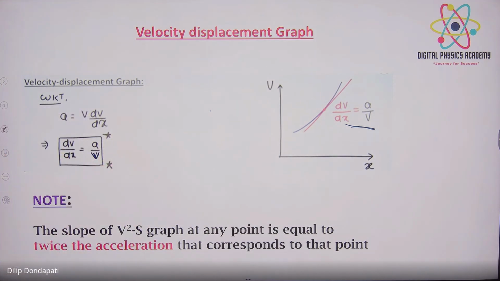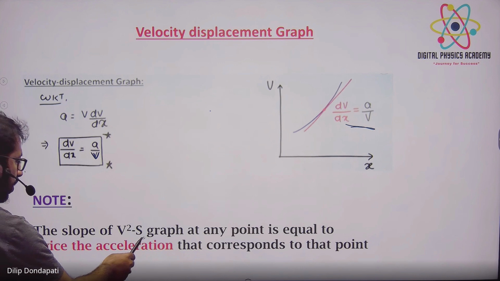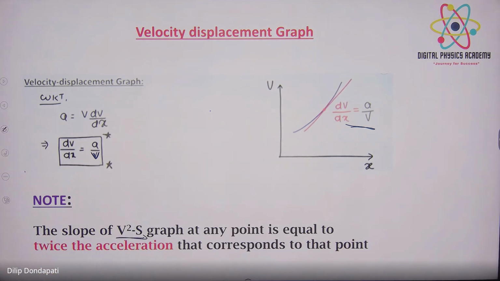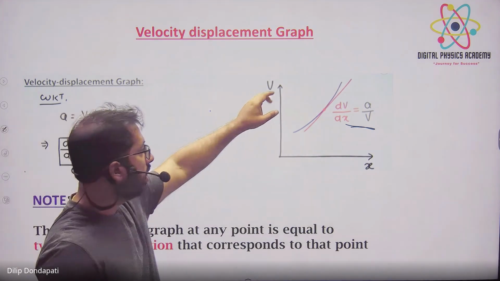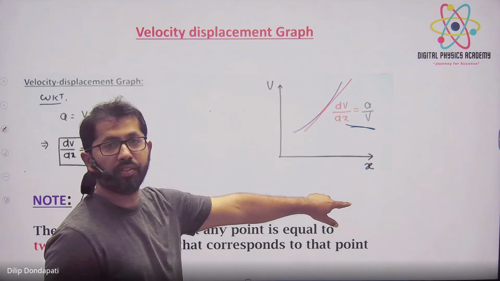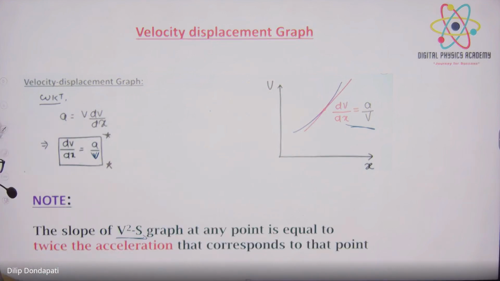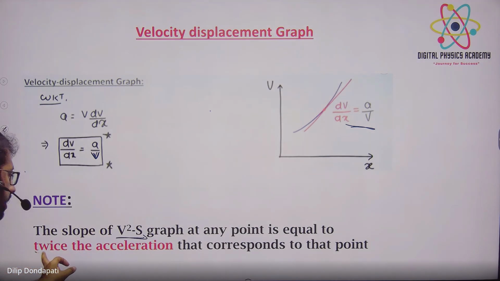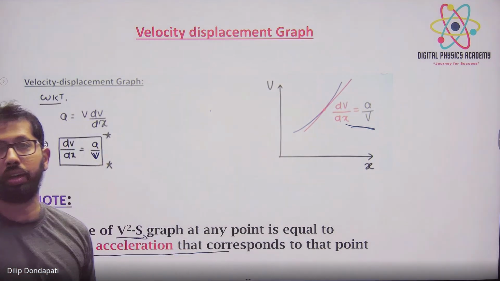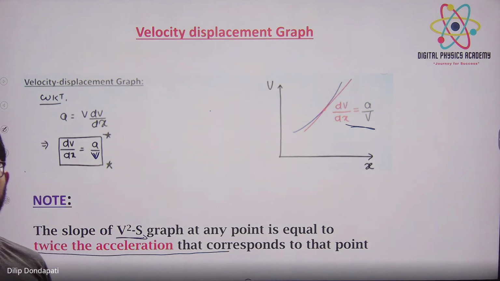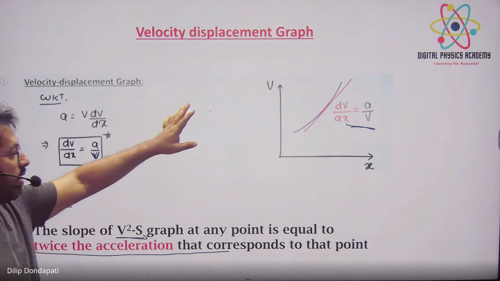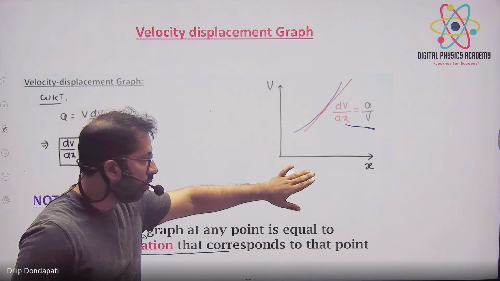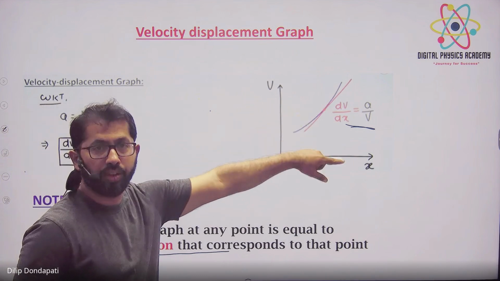Okay, one more thing you have to understand. Suppose they will give v square by 2s. A v square versus s graph will be given to you. Instead of v, they'll give the v square versus displacement graph. At that time, what is the answer? That slope will give twice the acceleration of the corresponding point. Remember these two points. See, understand: when the velocity-displacement graph is given to you, slope gives a by v.